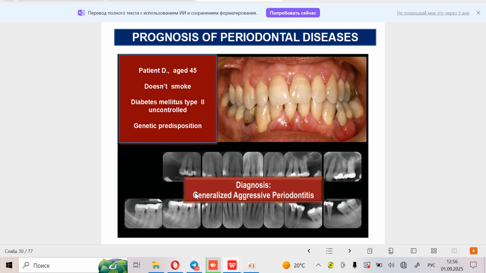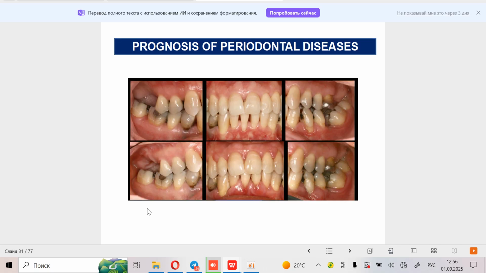There is a systemic pathology that is manifested in the oral cavity, for example, diabetes and other systemic diseases. Generalized aggressive periodontitis. This patient has a high, red level of risk assessment, and if the patient does not control diabetes, they will soon lose teeth.